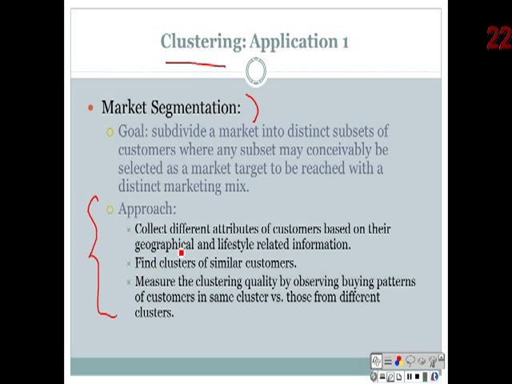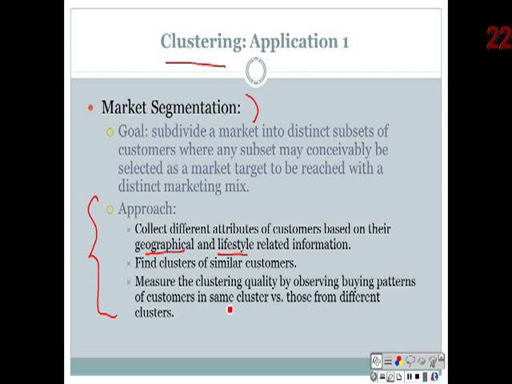The approach is to collect different attributes of customers based on their geographical and lifestyle related information, and find clusters of similar customers. So here we are collecting the customers that, based on those attributes, are similar to each other, the attributes that we mentioned here. Based on that, we are grouping those customers together. Then measure the clustering quality by observing buying patterns of customers in the same clusters versus those in different clusters.